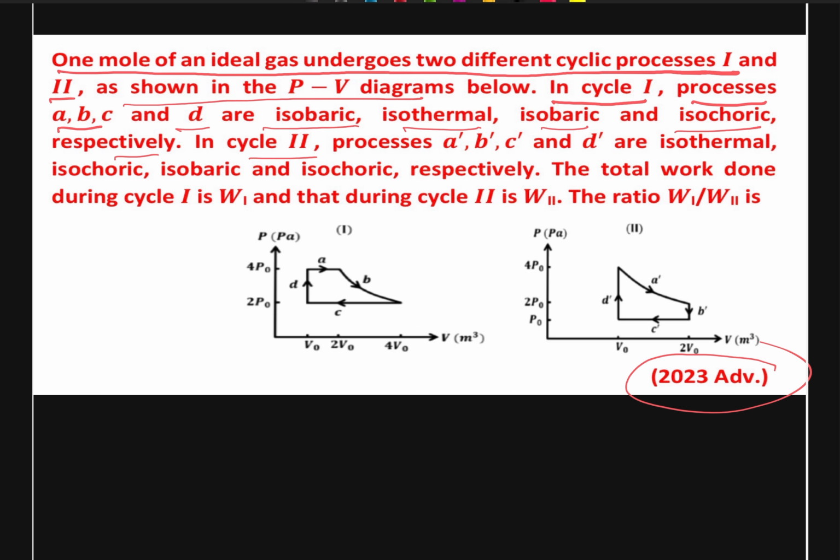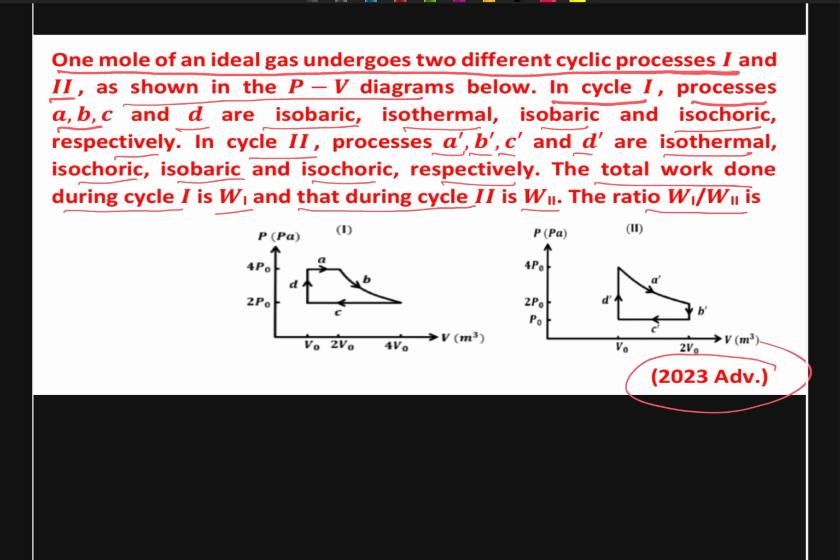In cycle 2, processes A prime, B prime, C prime, and D prime are isothermal, isochoric, isobaric, and isochoric respectively. The total work done during cycle 1 is W1 and cycle 2 is W2. The ratio of W1 to W2 is, okay, a basic figure is given to us.